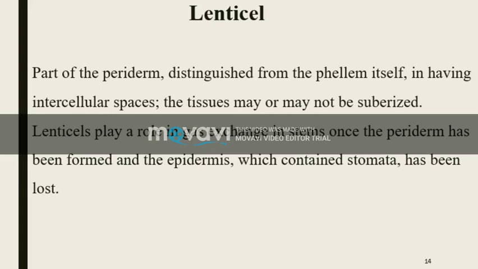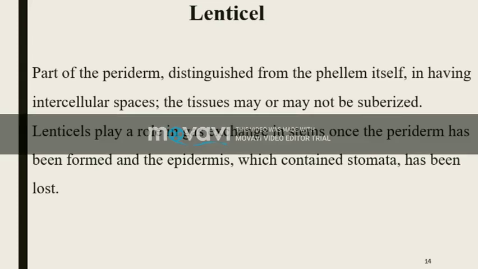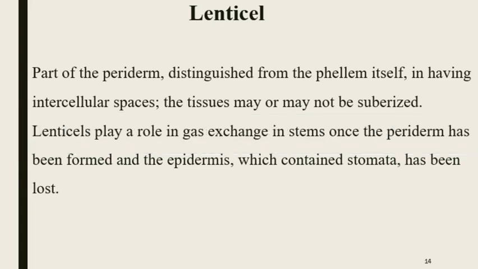But in the cork, there is a deposition of suberin, but some empty spaces are present, which are called lenticels, and these lenticels have a role in gaseous exchange. And they are present in the stem in large numbers, but in roots their numbers are less.